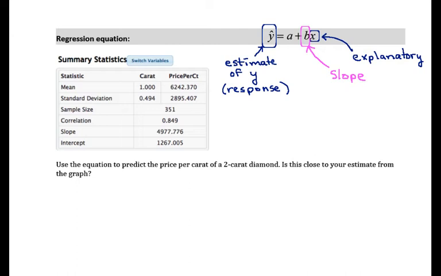And the a is what we would call the y-intercept. That is when x is equal to 0, what is our prediction of y, right?